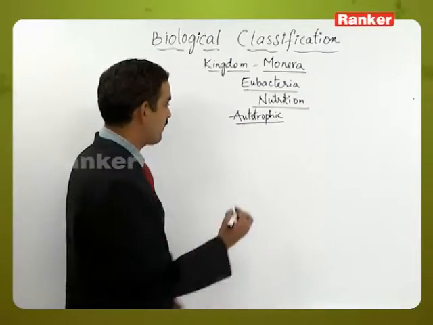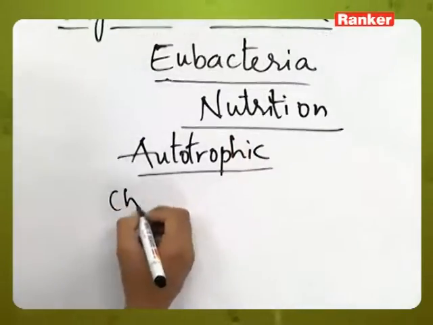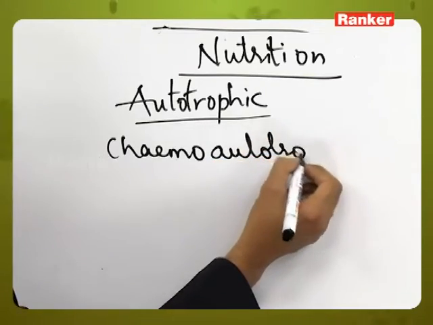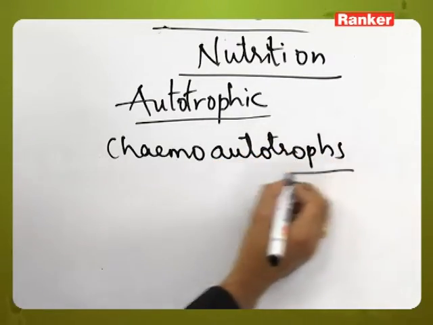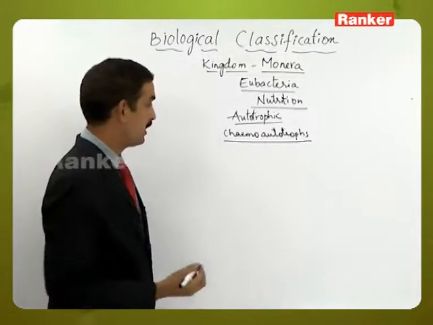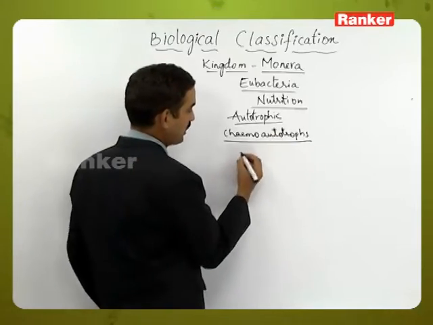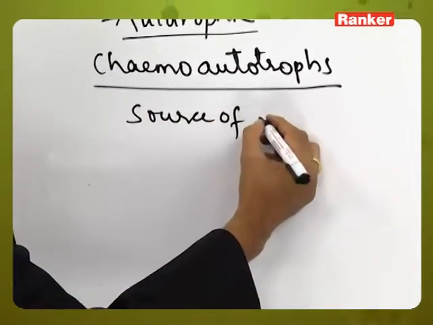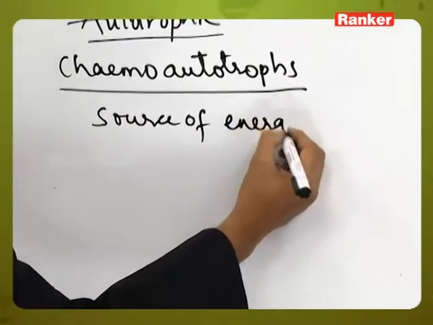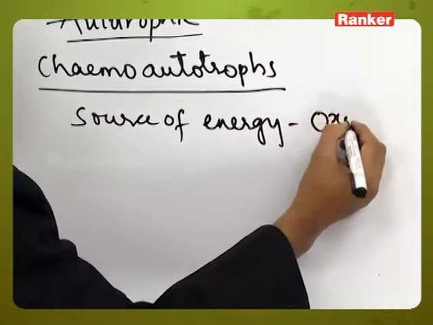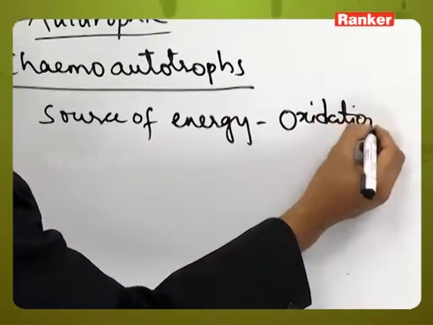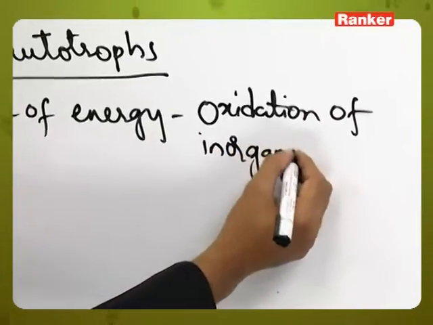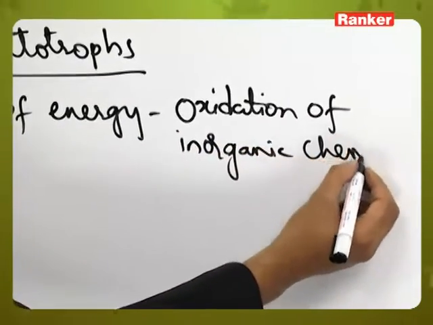In the autotrophic, the second one is chemoautotrophs, or chemoautotrophic type of nutrition. In the chemoautotrophic type of nutrition, the source of energy is oxidation of inorganic chemicals.